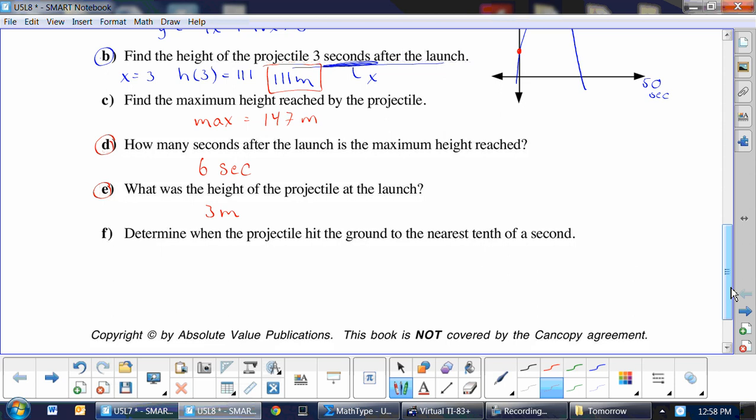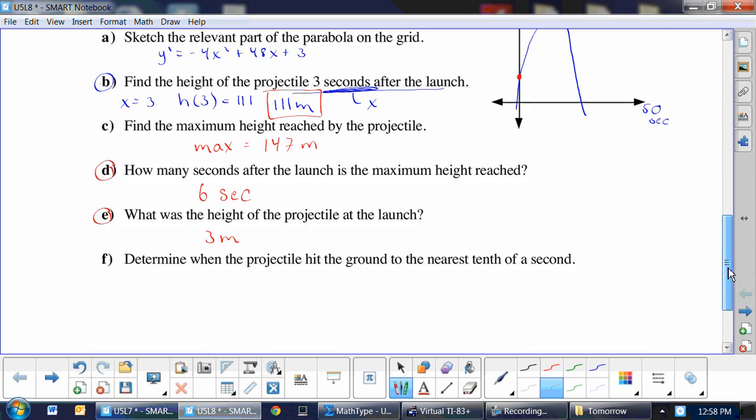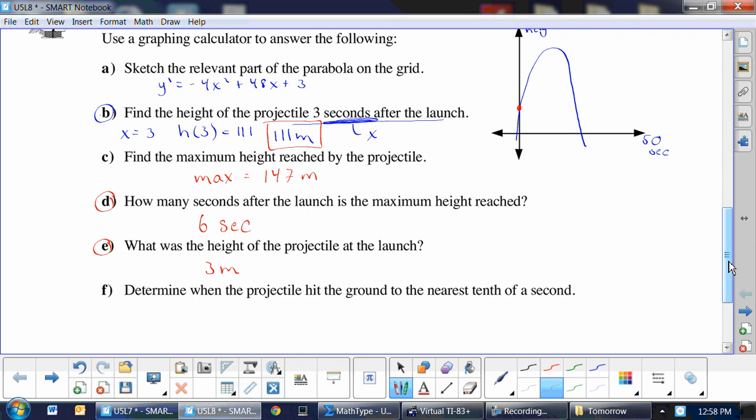Okay. And then the last question they have, we can wait until you guys are ready to go. Ready? Perfect. So the last part for this question is determine when the projectile hits the ground to the nearest tenth of a second.